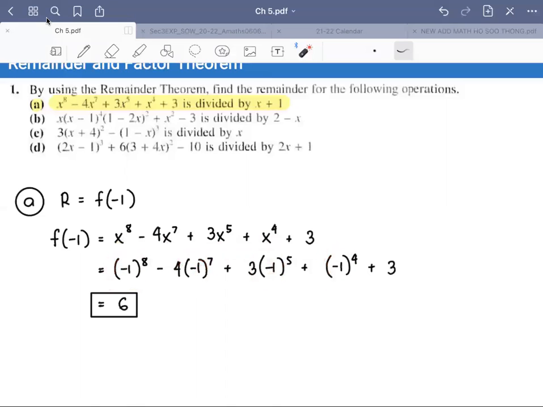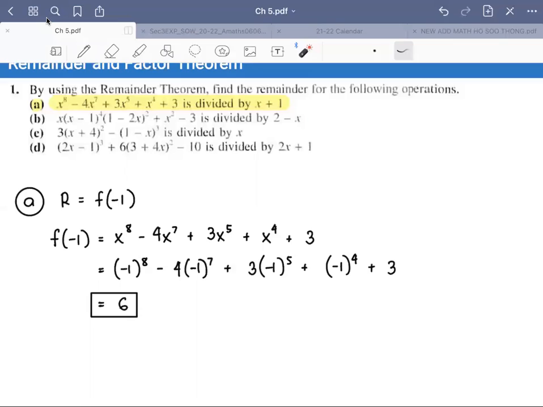And then when you simplify this, you can just use your calculator, class. So you'll get 6 as your answer for letter A. All right, did you also get the same answer, class, for letter A? Answer is 6, okay?